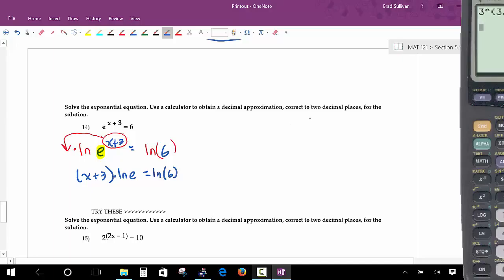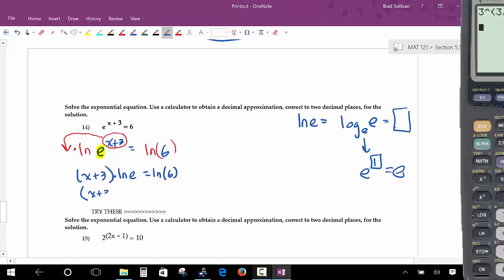Now, you don't really need to go to your calculator on this, because you can do the ln of e without a calculator, since ln just means log base e. All this problem is saying is e to what power is equal to e. So what is that? 1. The ln of e is 1.